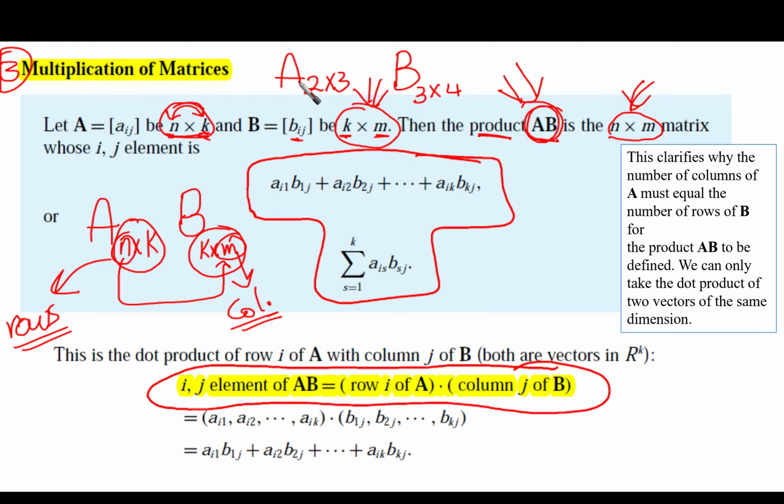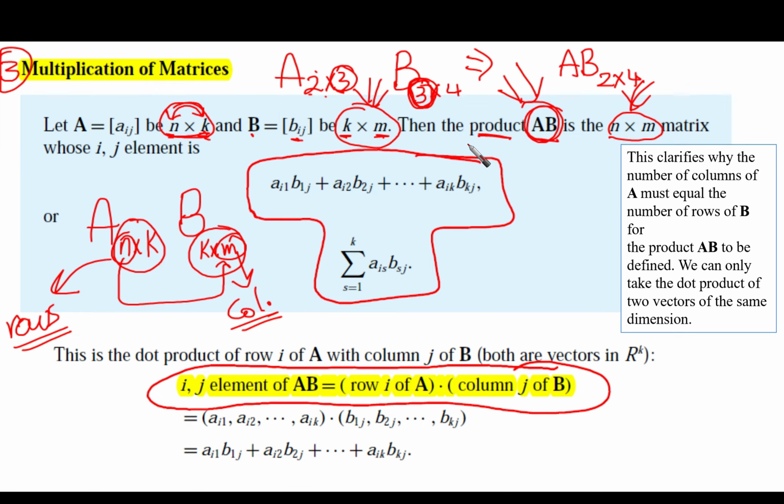The answer is yes, because this is n by k, and the B should be k by m, where k is the same number of columns in A equal to the same number of rows in B. Then our AB is going to be exactly 2 by 4. Okay, understand? This is an important issue.